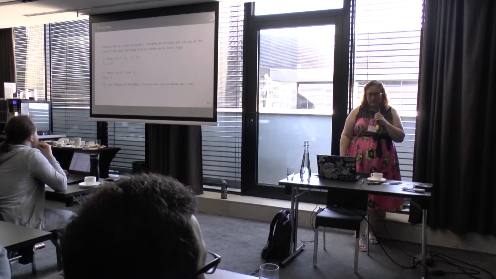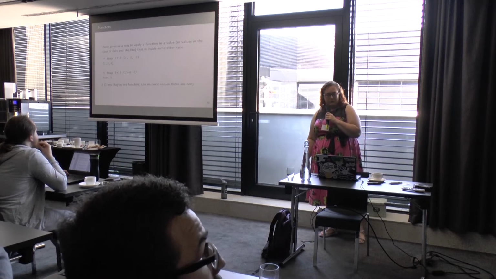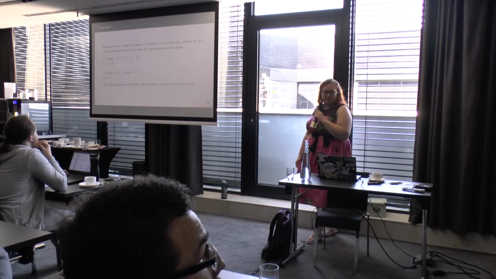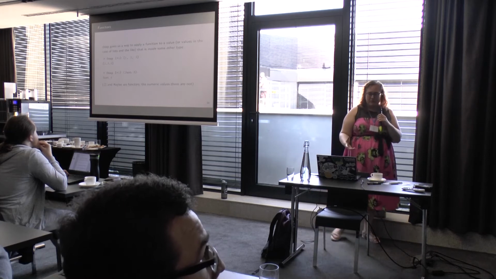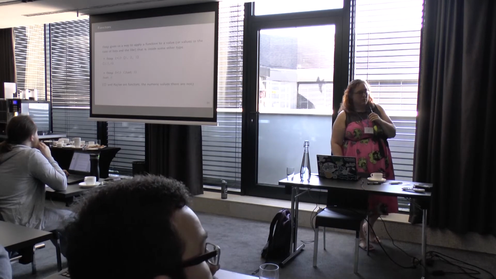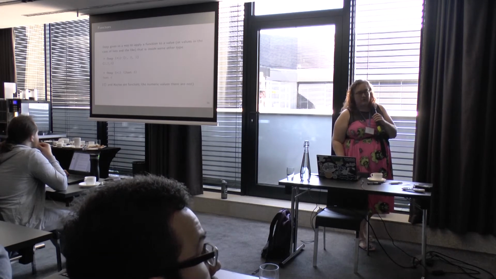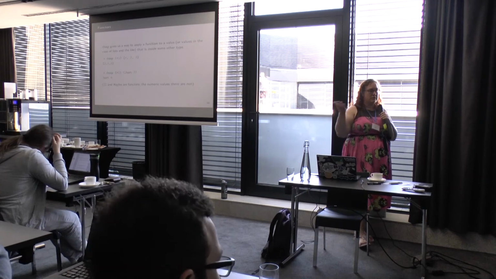Okay. Oh, I thought the diagram was next. All right. Fmap gives us a way to apply a function to a value, or values in the case of lists, that is inside some other type. So if we fmap +1 over a list of 1, 2, 3, because list is a functor, then we can apply that function inside the list.